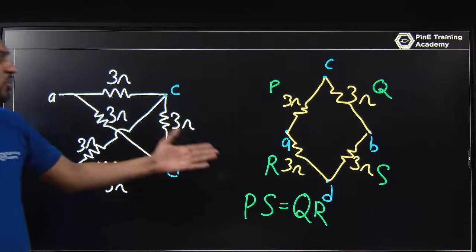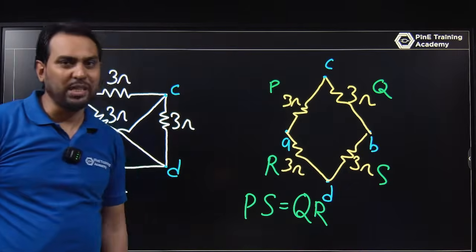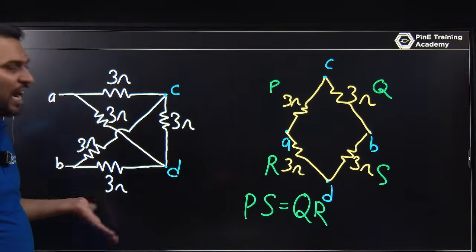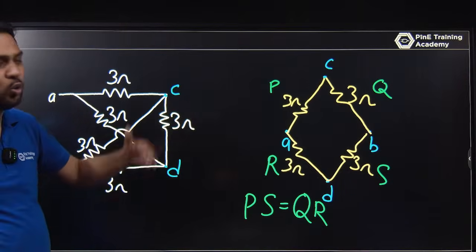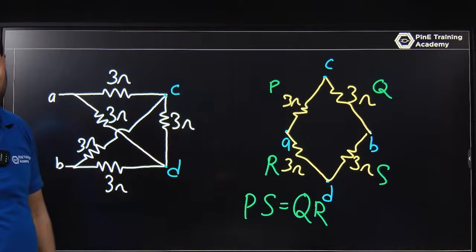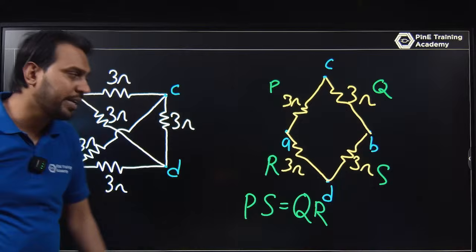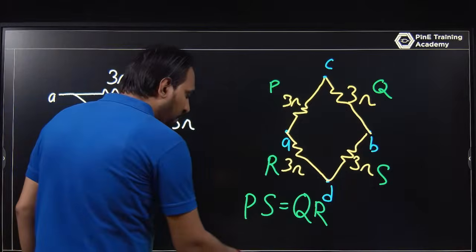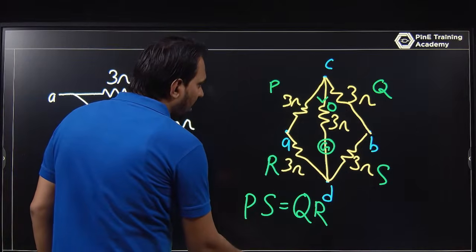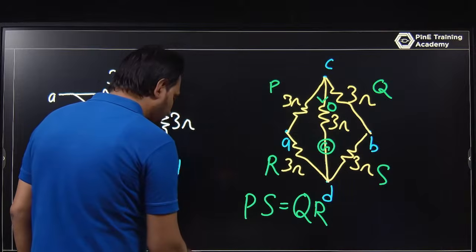But I'm not sure that you know about the Wheatstone bridge. If you know star to delta and delta to star, you can use that method and solve it. So I am not going to solve with the help of the Wheatstone bridge; I will solve with the help of the star to delta and delta to star method.